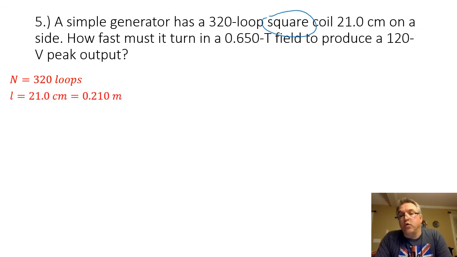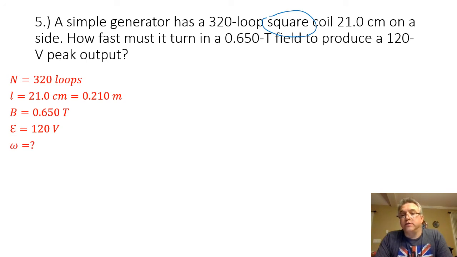It's a square coil, it should say square armature, but it's a square coil of 21 centimeters. Again, converting that to meters will give me 0.210 meters. I am given the strength of the magnetic field at 0.650 Tesla and the induced EMF of 120 volts. And we are trying to find out how fast this is going to need to turn.